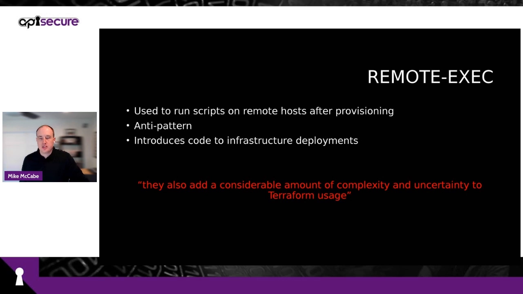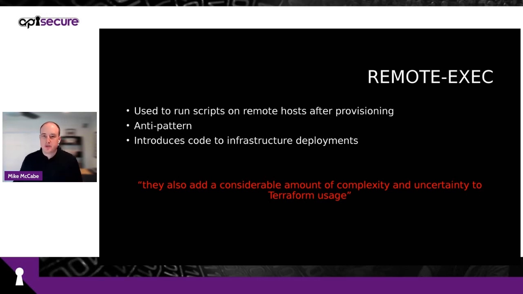So remote exec is one of those where it can be used to run scripts on hosts after provisioning. So you set up your EC2 and then you can run scripts. This is an anti-pattern. HashiCorp does not recommend doing it this way. It's kind of a last choice if you can't use something like Ansible or other scripting languages to do this. And the other big issue with this is you're now mixing code with infrastructure deployments. And by code, I mean things like Python scripts or Bash or whatever your choice of scripting language is.